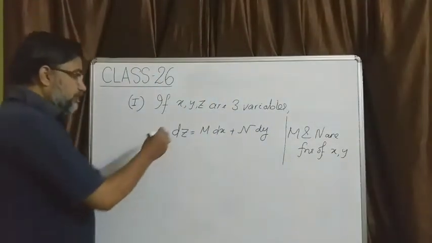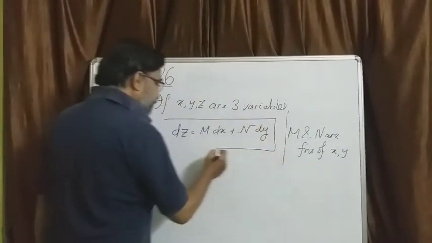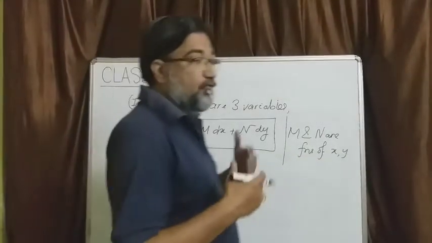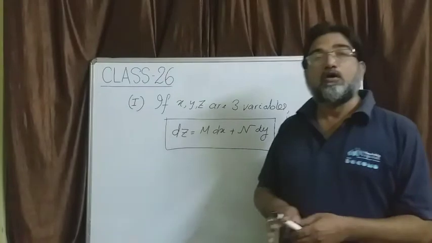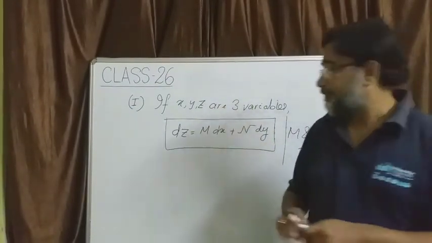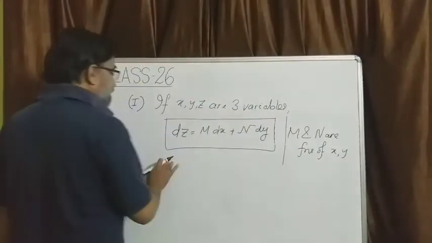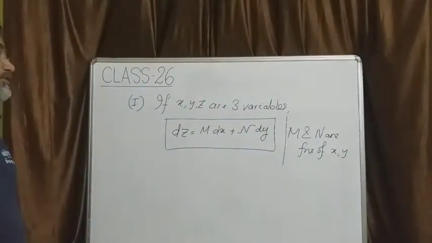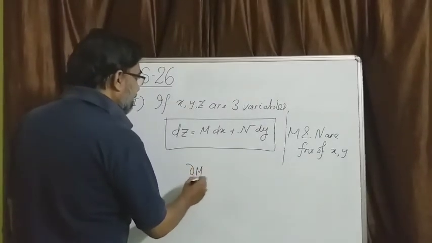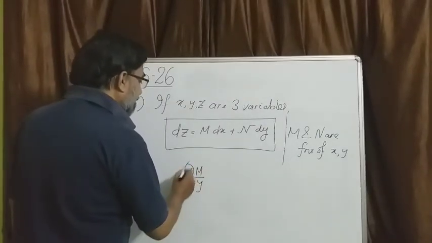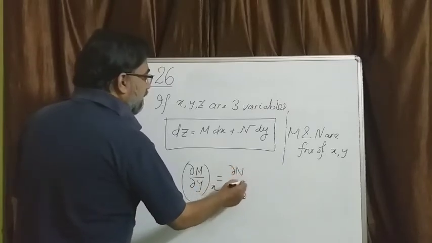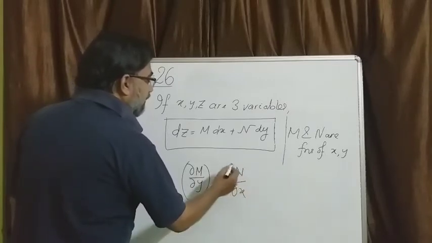Okay, if an equation resembles this, if the equation looks like dz is equal to m dx plus n dy, then del m del y at constant x is equal to del n del x at constant y.